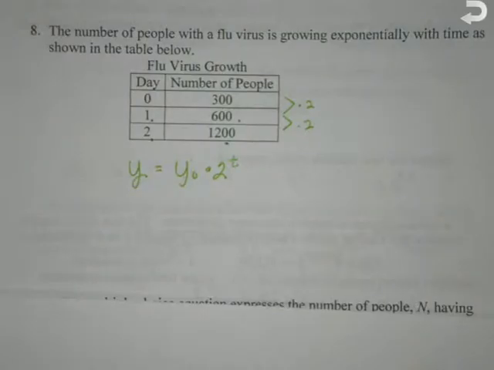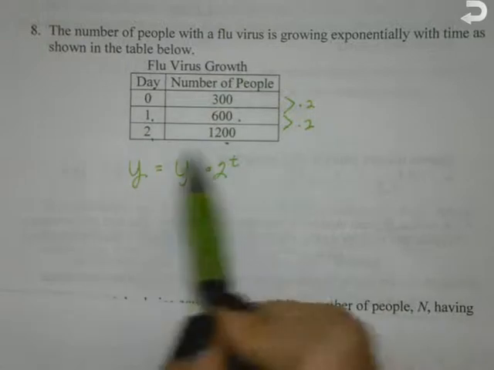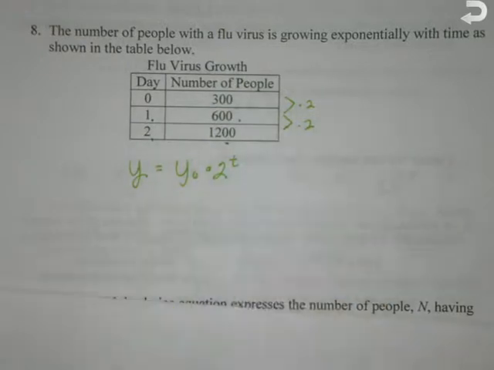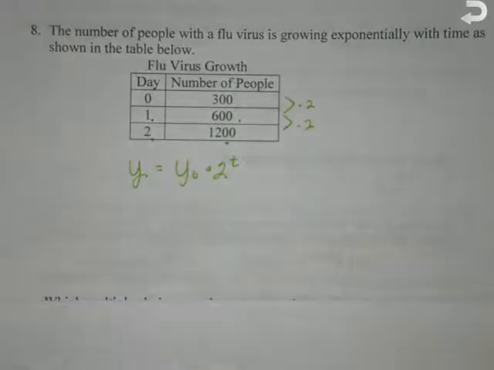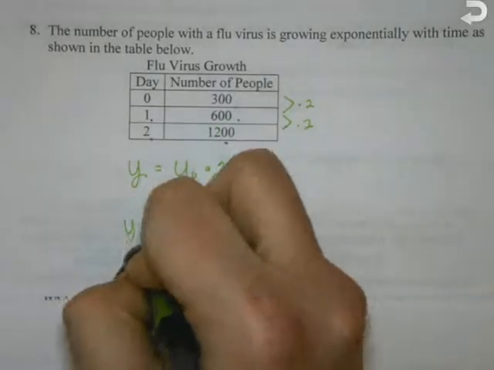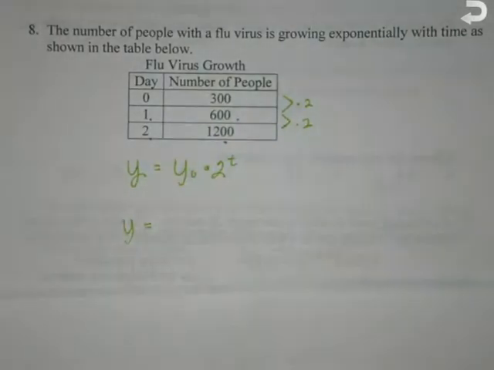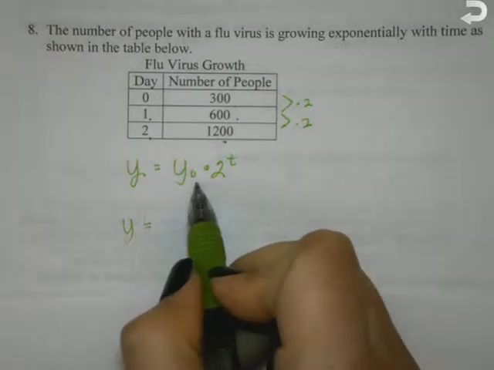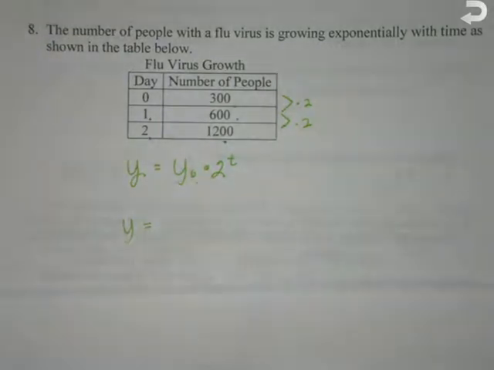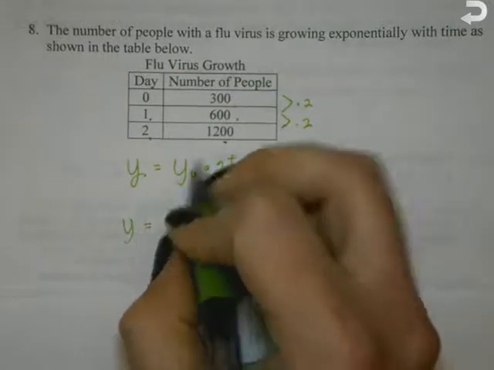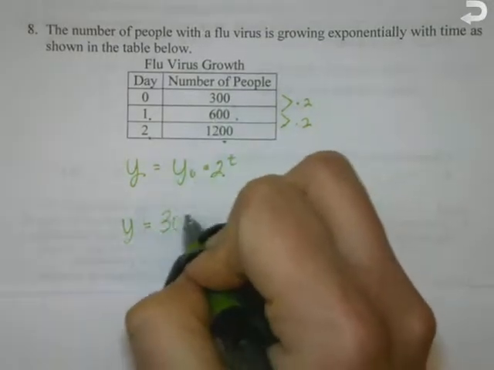So you actually could be given a chart that looks like this and write out your function every single time using this basic formula. So, looking at that, we have y equals y sub 0. That's your initial population. What was our initial population that has the flu? 300. Times 2.